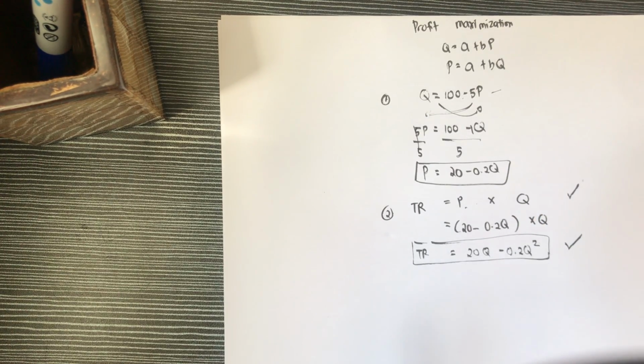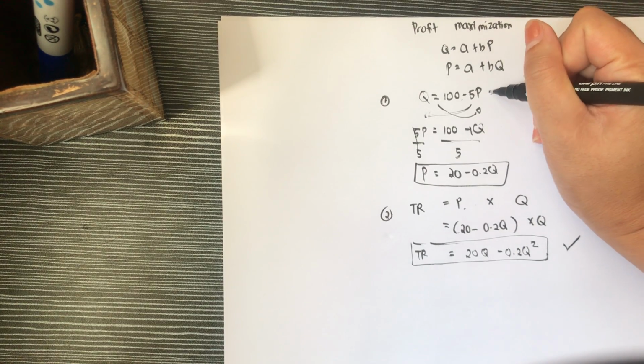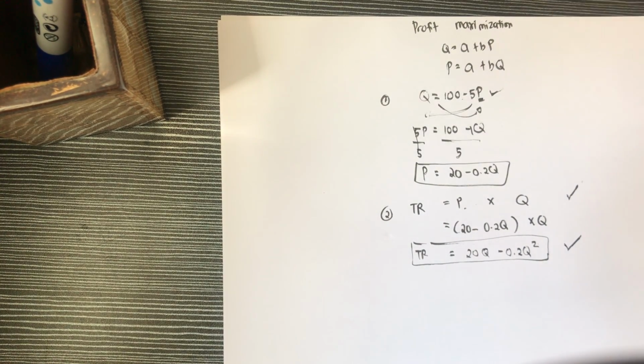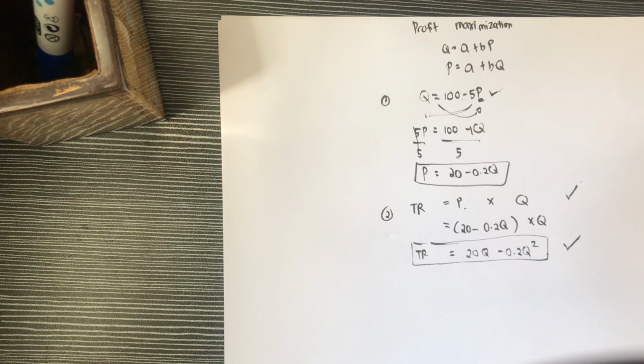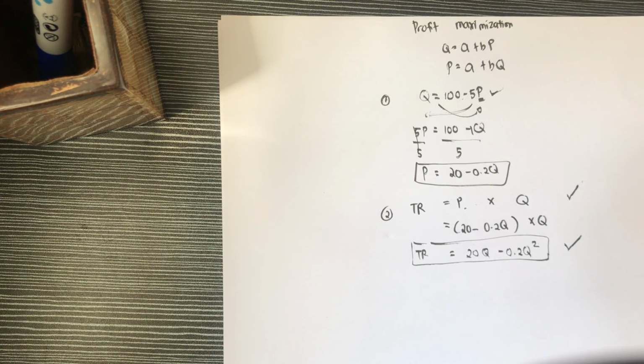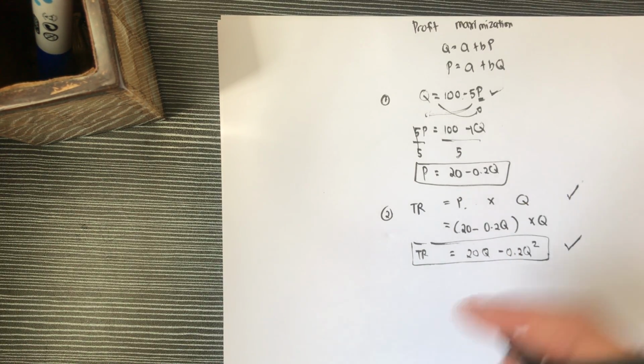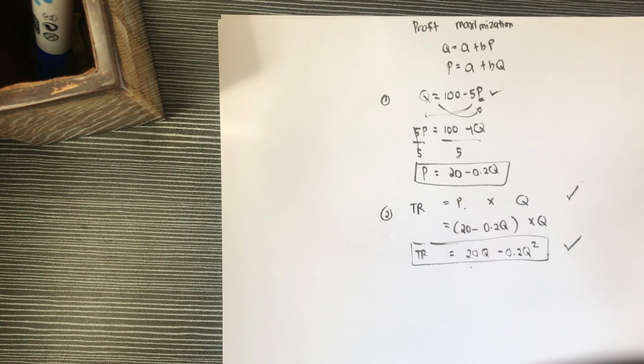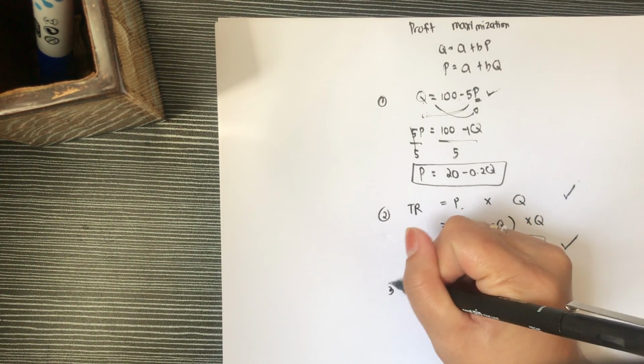So again, there is no P. What you can do is go back to this function. You know P, right? So you put the P here, negative 5P, and you get the quantity from there. Once you have the quantity, you have two choices. You know the P, you know the Q, you just multiply P times Q. Or, if you want to go for the complex method, once you know the Q, you use the Q here in your TR function. Anyway, let's move on.